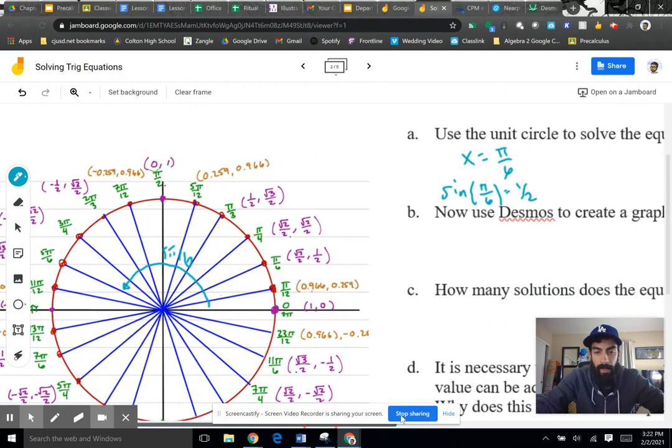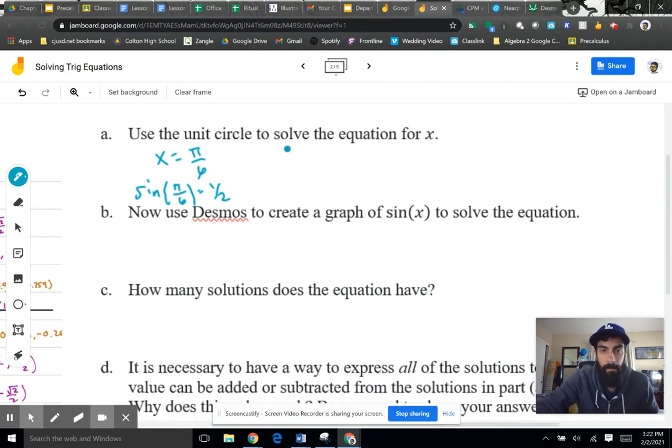Therefore, we have a second solution according to the unit circle. X is equal to 5 pi/6 would work. You can write that in the function itself. Sine when the input is 5 pi/6 will be equal to 1/2. Excuse my handwriting.